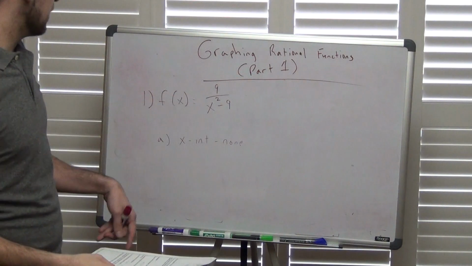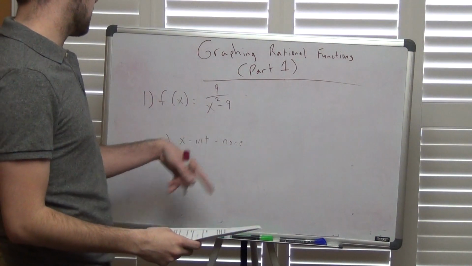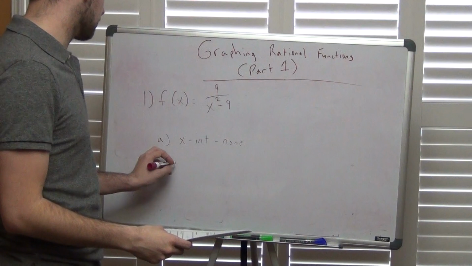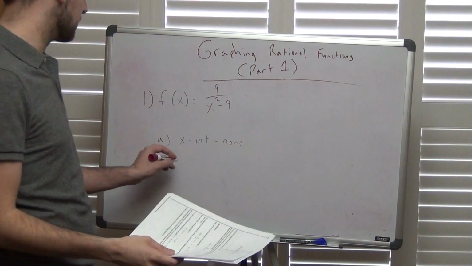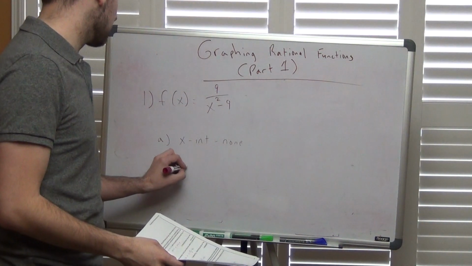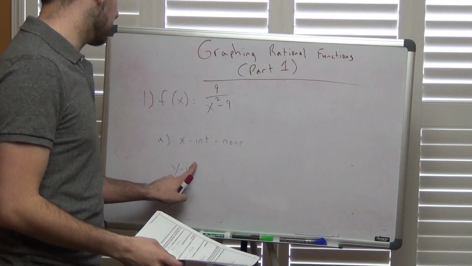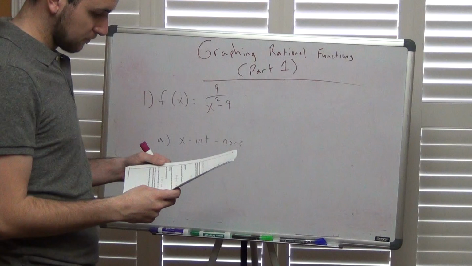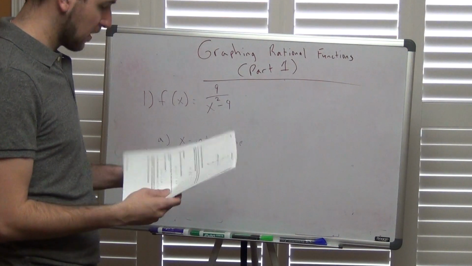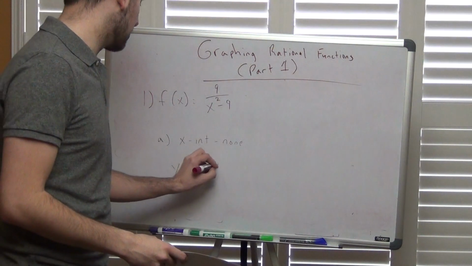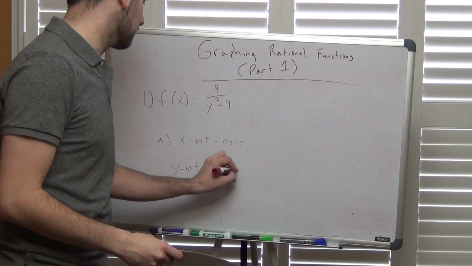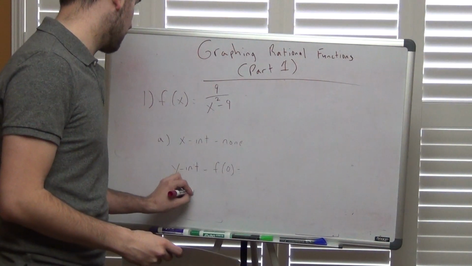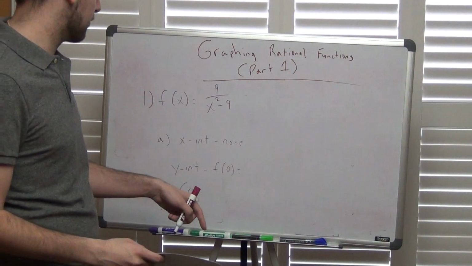Okay? So my y-intercept, I'm going to do f of 0 again, alright? So it's going to be, remember, 0 for x, and then whatever for y.